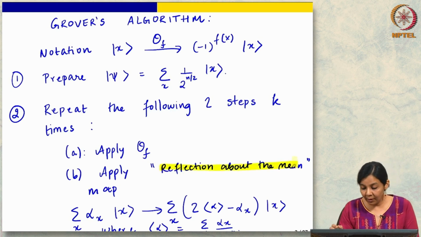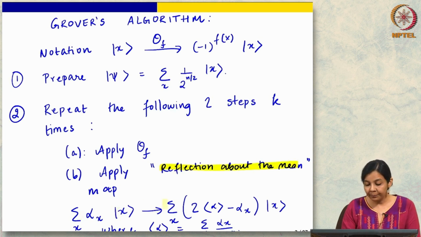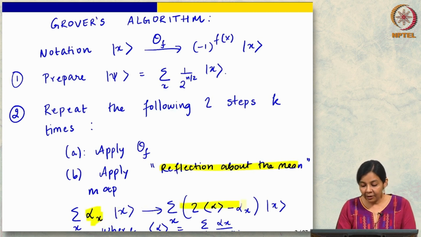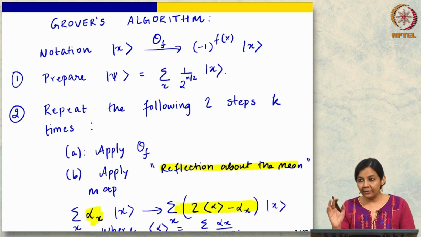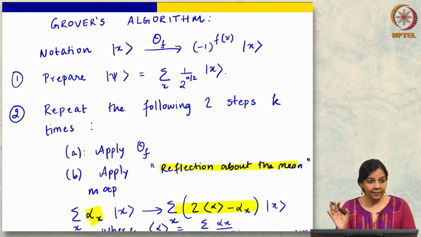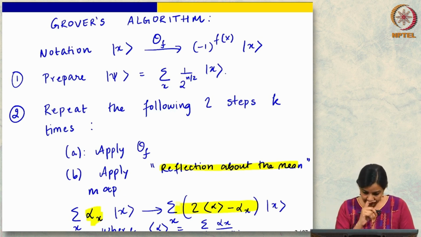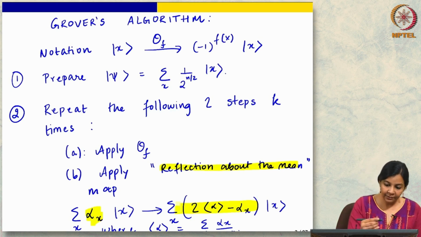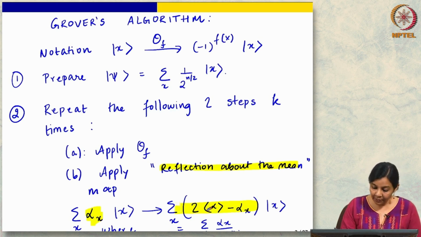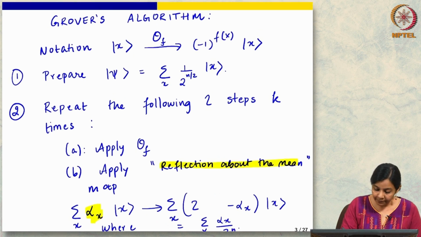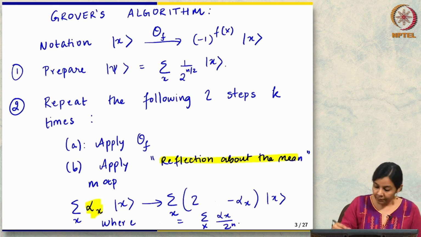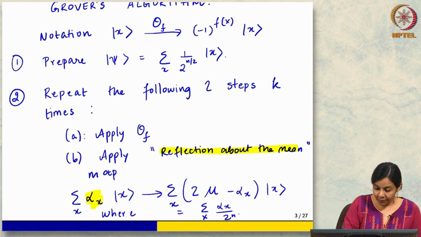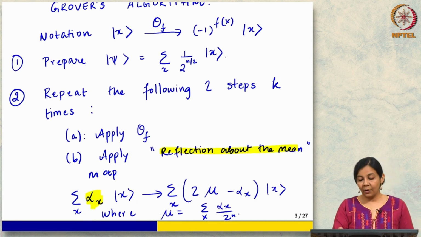This is what I call the reflection about the mean map, and what it does is that it converts alpha x to 2 alpha minus alpha x. And once again, here alpha within the brackets, maybe I should call it something else instead of alpha just to avoid confusion. Let us call this mu.